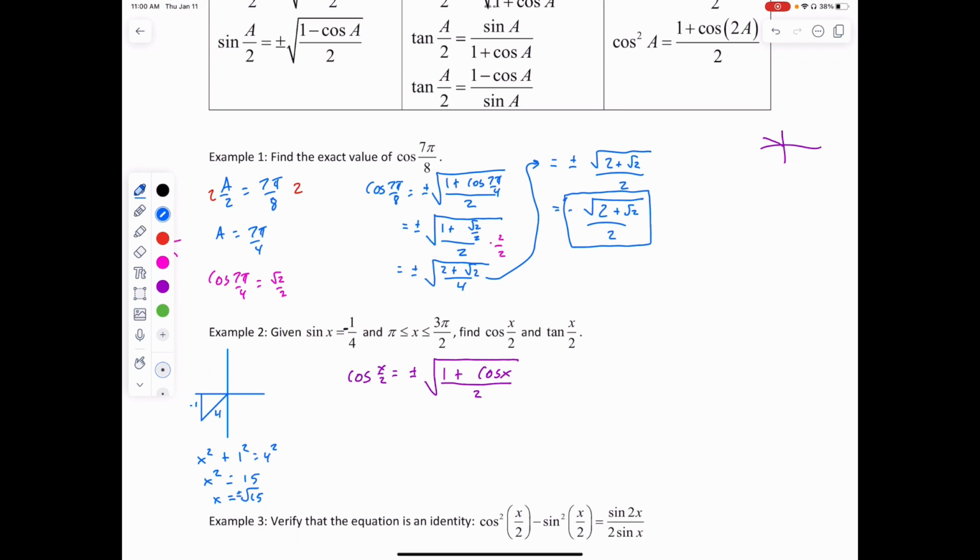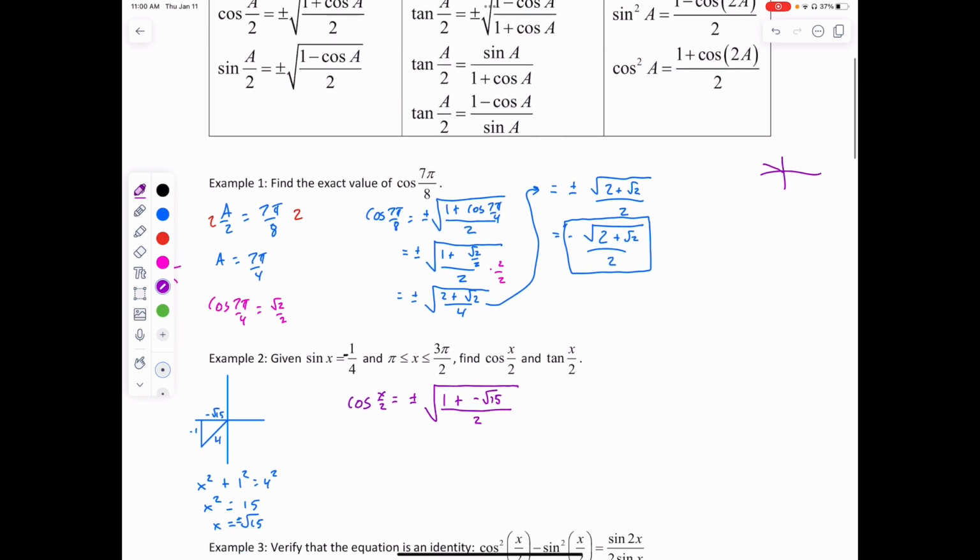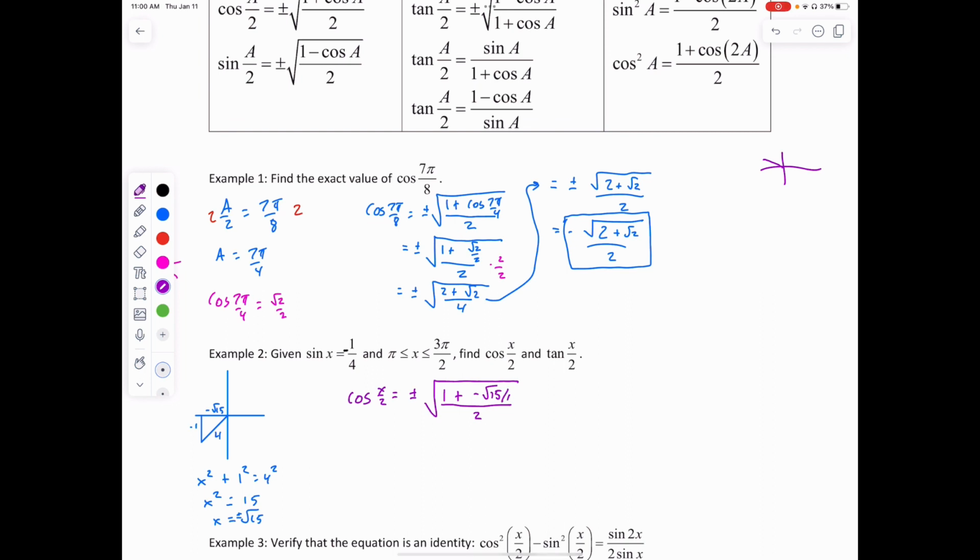Of course, because we're in the third quadrant, we're looking for a negative x value, so it's going to be negative radical 15. The x value is negative radical 15, so the cosine of x is negative radical 15 over 4.